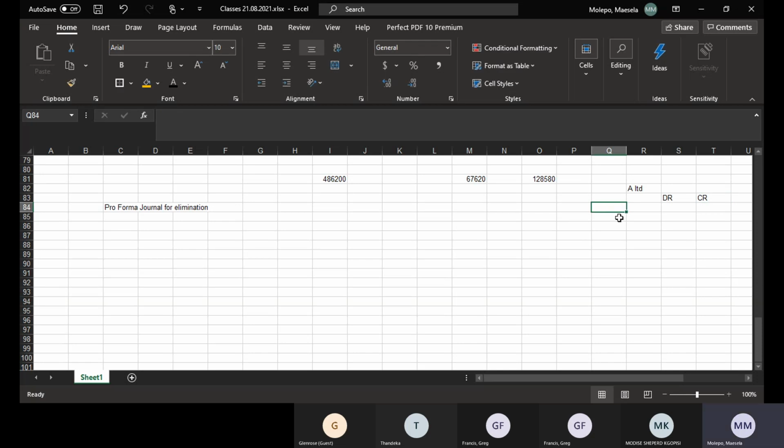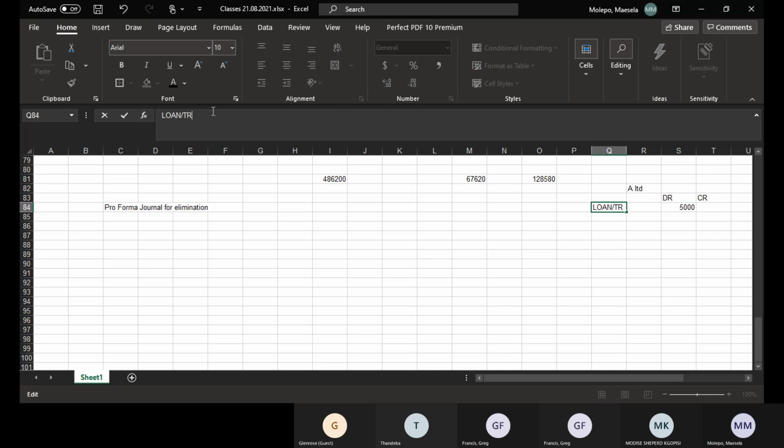On the debit side, it will be the loan, because it's the reduction of the loan, or the unsecured loan, reduced by 5,000. The reason they're reducing it, it can be the loan or trade payables, either or.